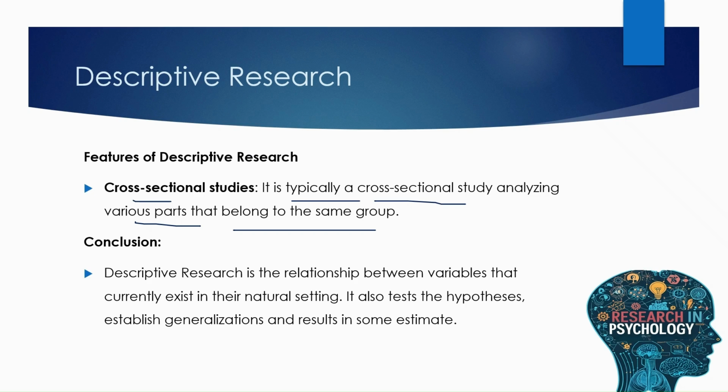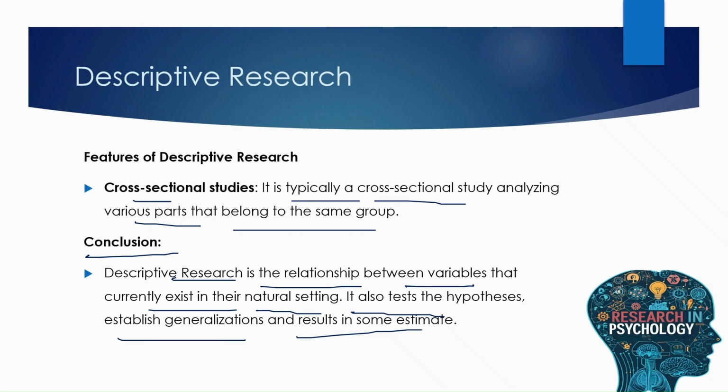All right. So about descriptive research, we can conclude that descriptive research is the relationship between variables that currently exist in the natural setting, without any manipulation. It also tests the hypothesis, establishes generalization, and results in some estimate.